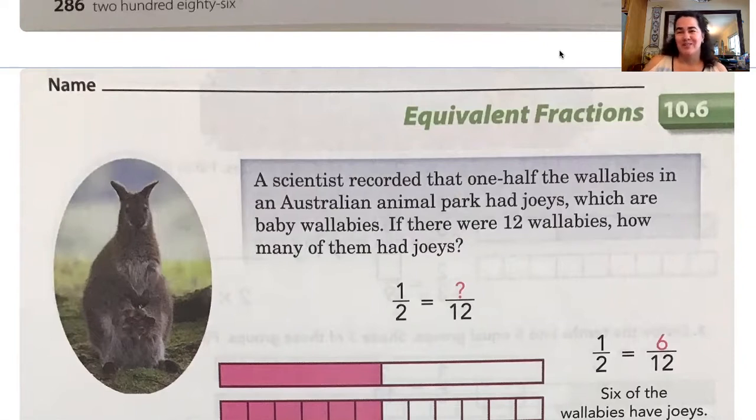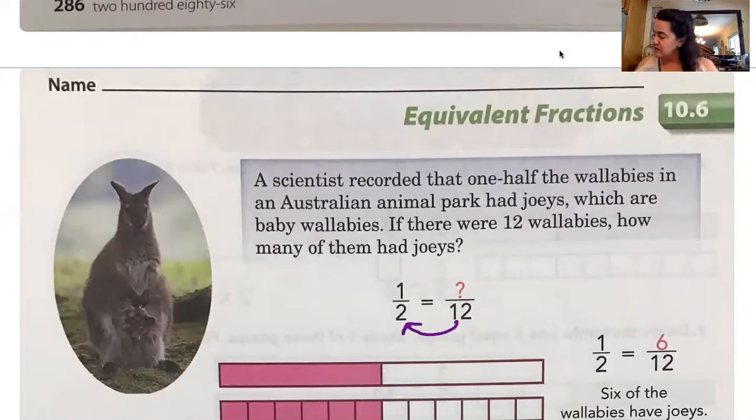Now, boys and girls, here's where we get to deal with inverse operations, and we get to deal with division and multiplication and fractions. Now, don't worry, we'll be fine. Pay attention. Here we go. We're going to ask ourselves, what number can we divide 12 by to get 2?